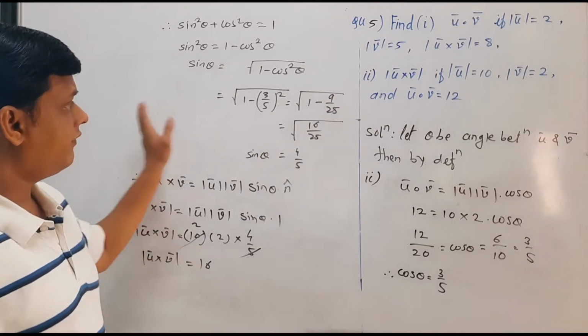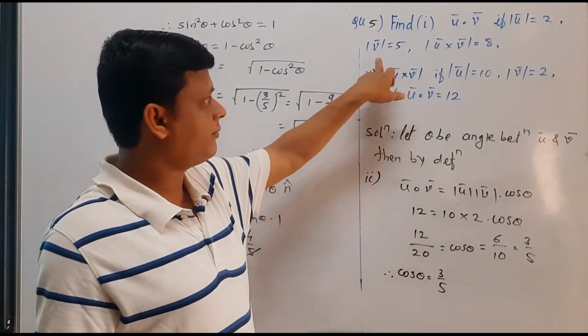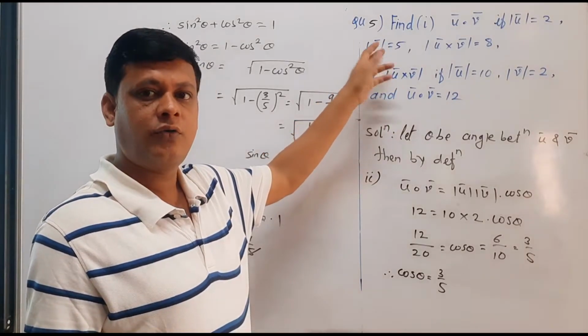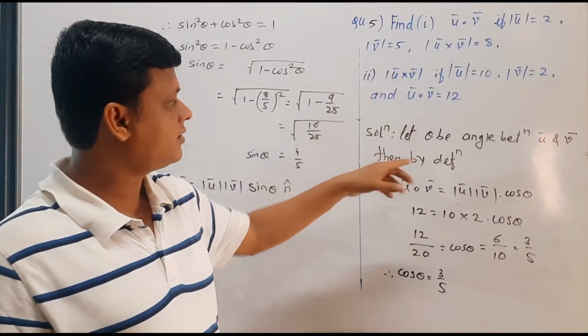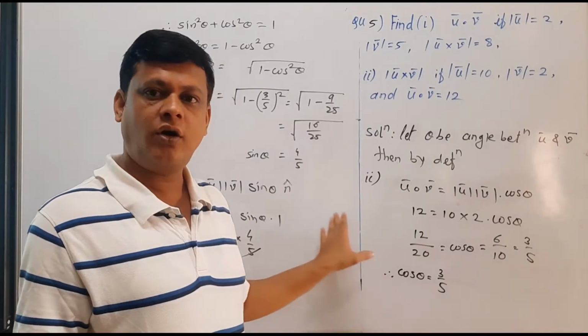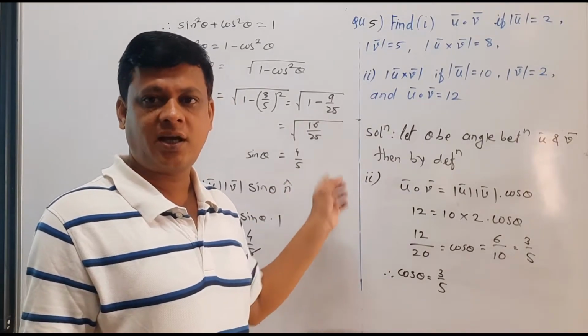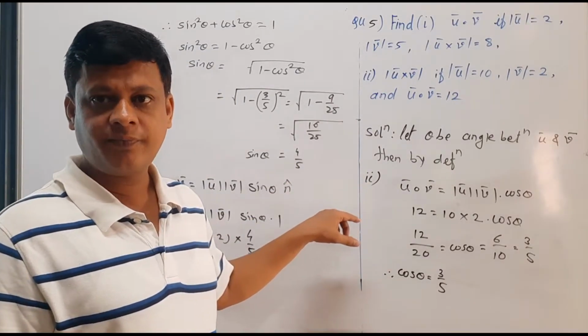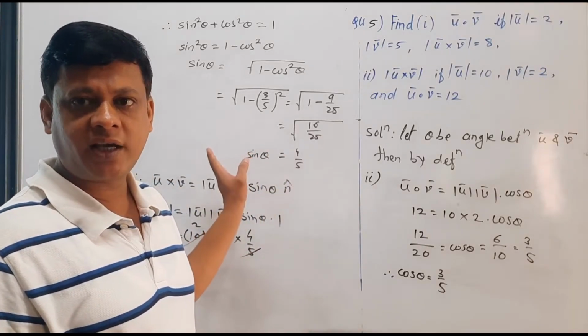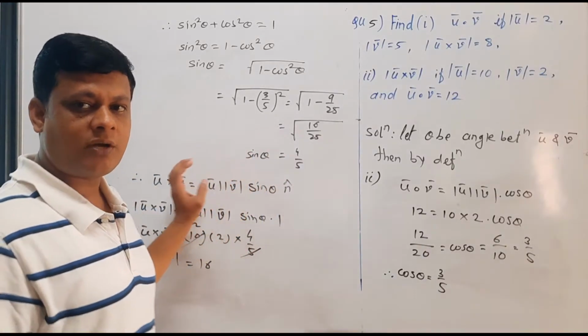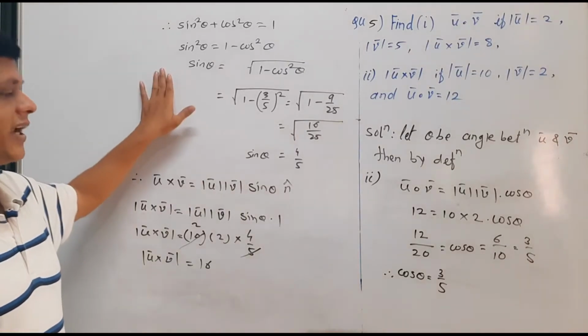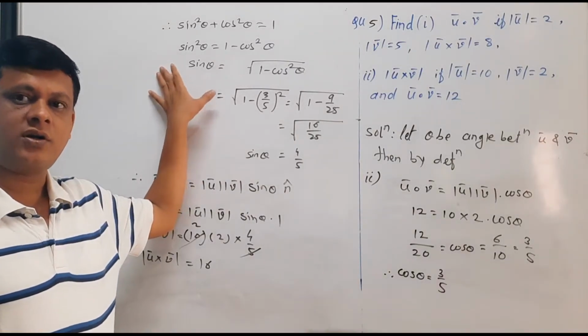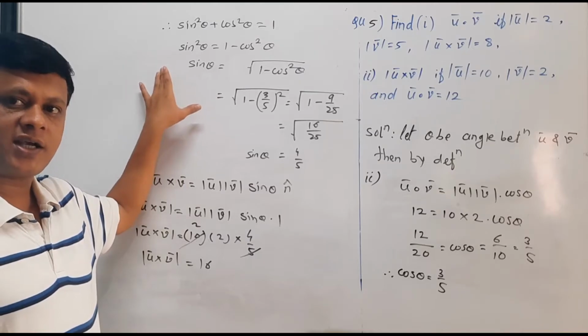in the first sub question we write plus or minus because we calculate the value of cos theta, and cos theta is positive in the first quadrant and negative in the second quadrant. So we write plus or minus there. Here sin theta is positive in the first quadrant and also positive in the second quadrant.